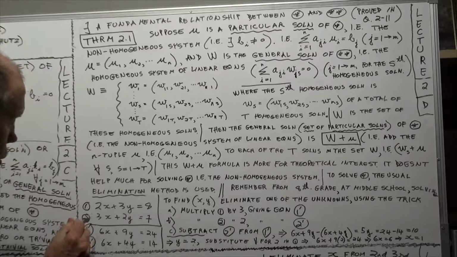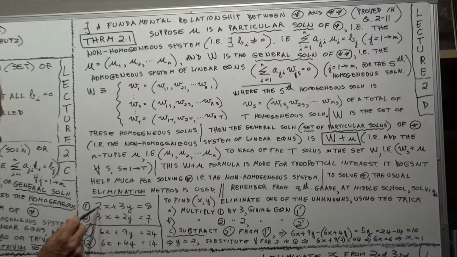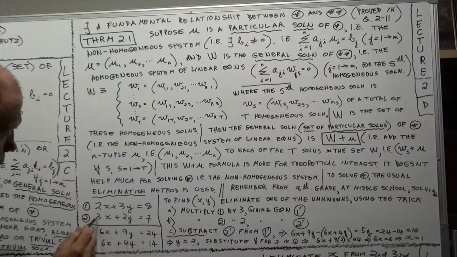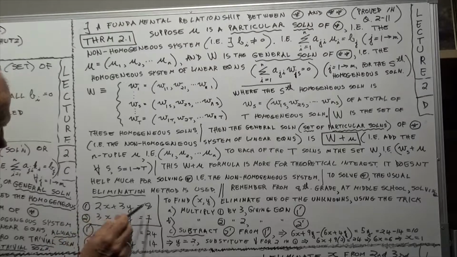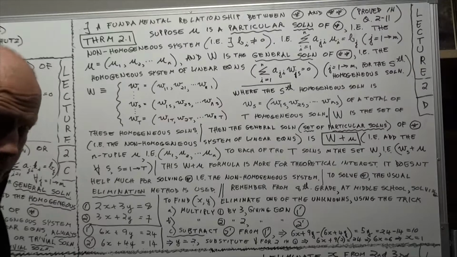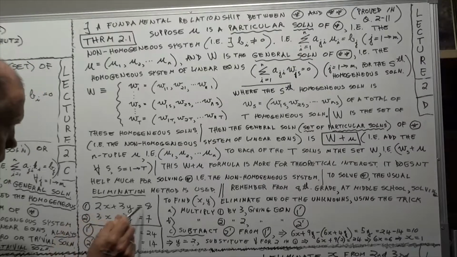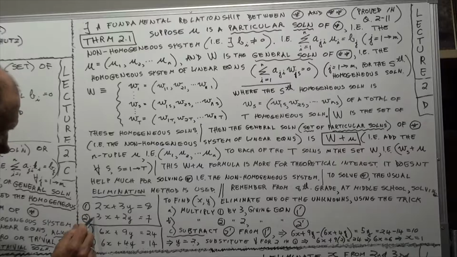So generalizing a bit, what you do is you have a look at this first number here, and whatever it is, you multiply this equation by that number. And similarly, you have a look at this number, and you multiply that equation by this number. So do both things. You multiply this by 3, and you multiply this one by 2.